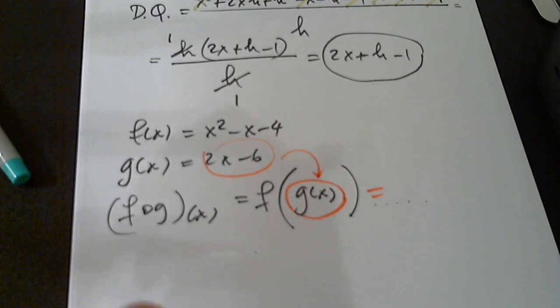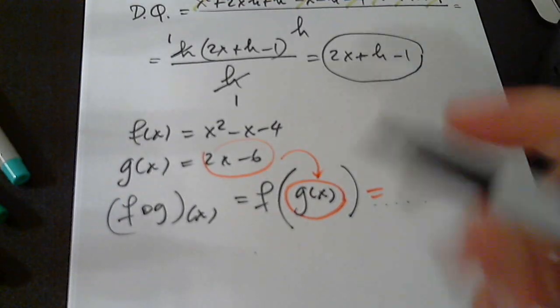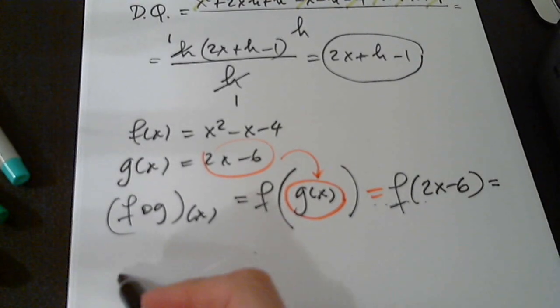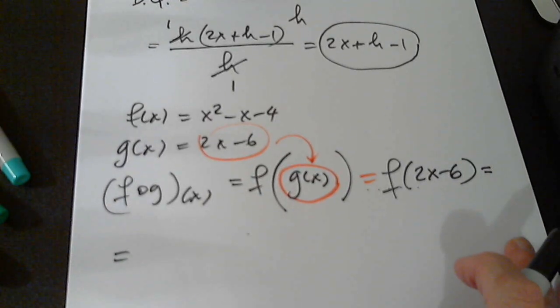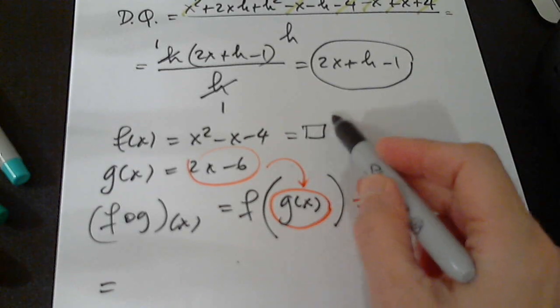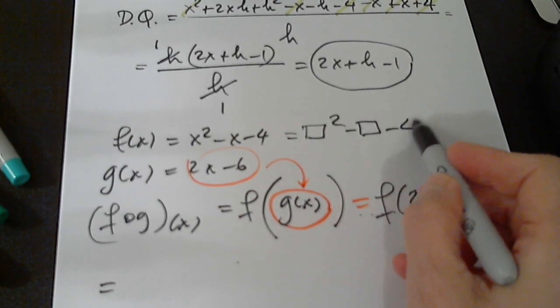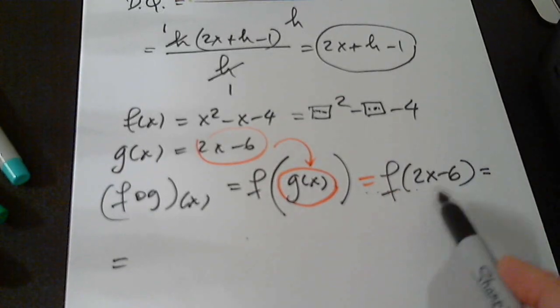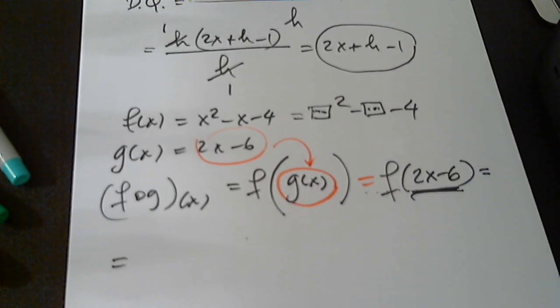So then I have f of 2x minus 6. Good. Now remember, almost exactly what we just did. This is this, minus this, minus this. And now this piece is this. What is the preliminary step?